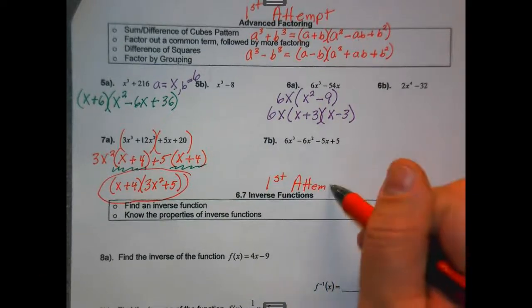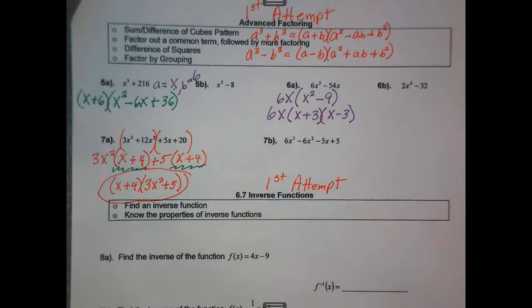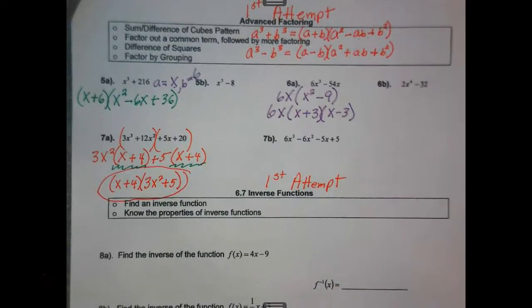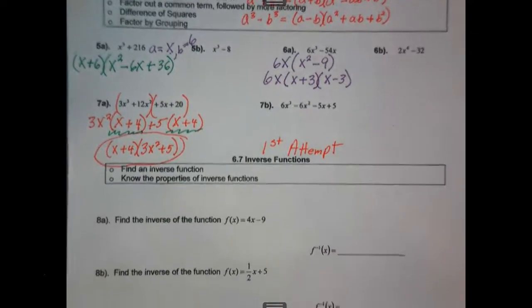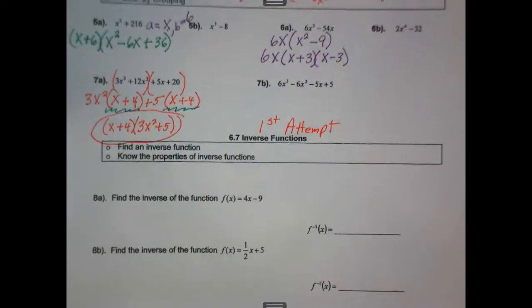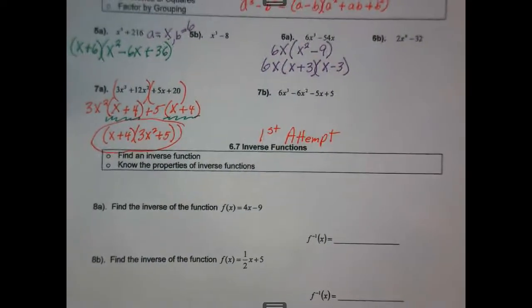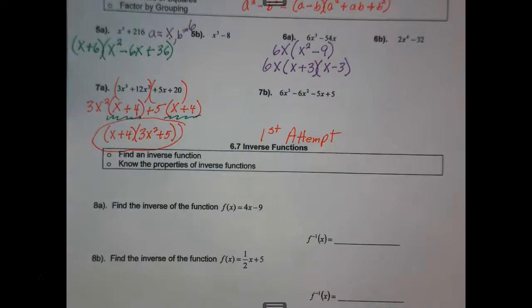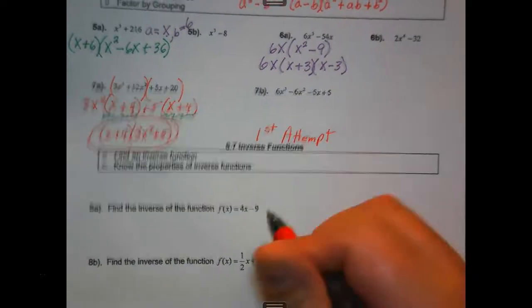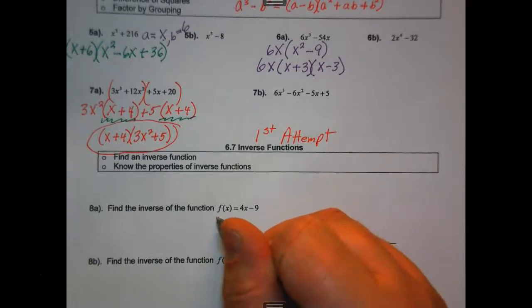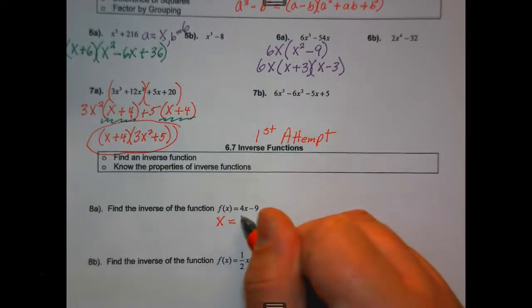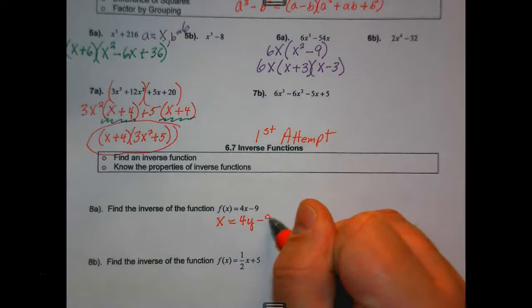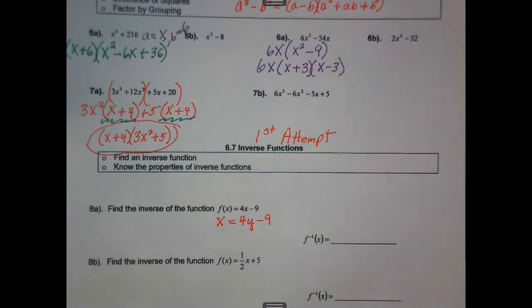I do need a better microphone. Okay, 8A, find the inverse of the function f of x equals 4x minus 9. What's the first thing I do? Switch the x and the y, then solve for y.